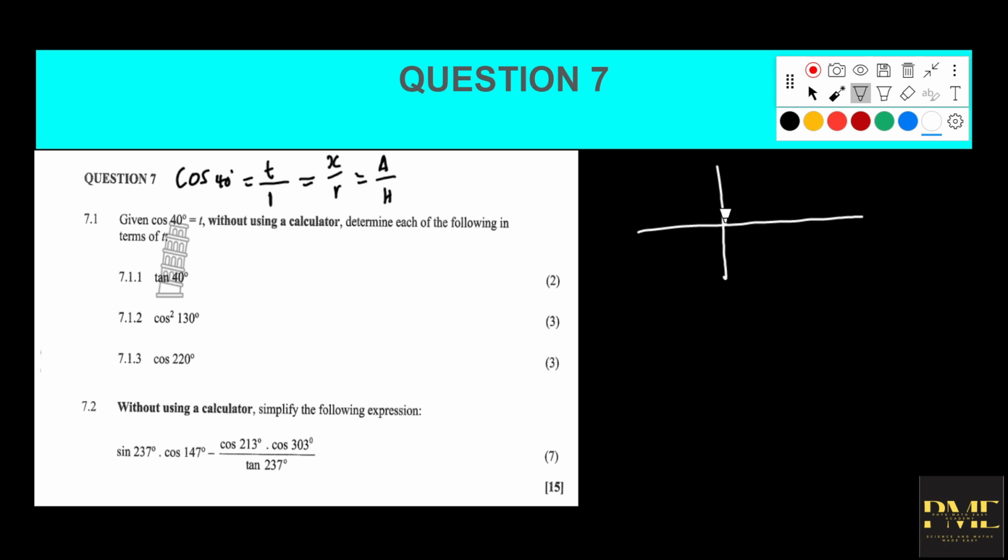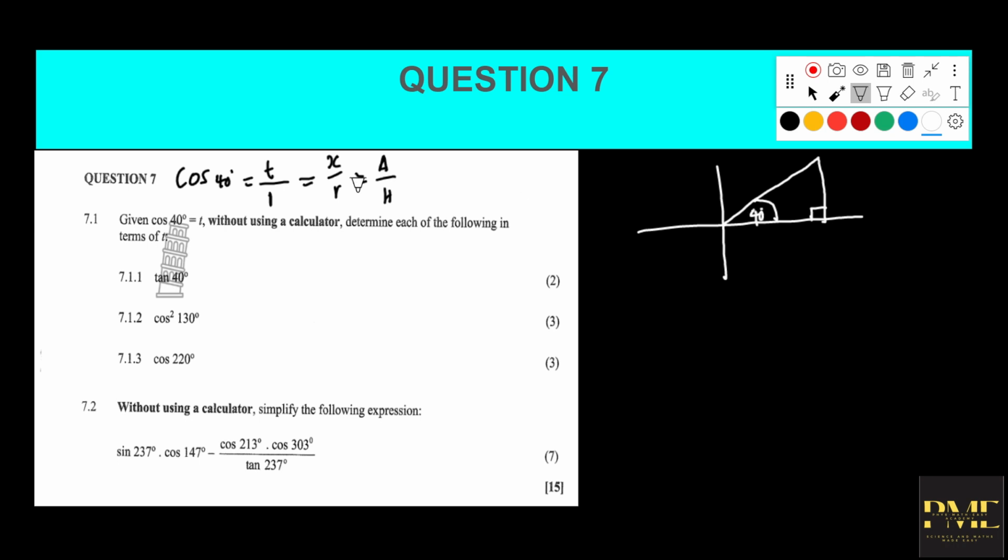I'm going to draw my beautiful triangle over there, because we know that trigonometry in a Cartesian plane involves your beautiful triangle found in your Cartesian plane. So I've got our cos 40. We are used to this angle representing theta, but in this case it is 40, so it means this angle here is 40 degrees, okay, right, cool.